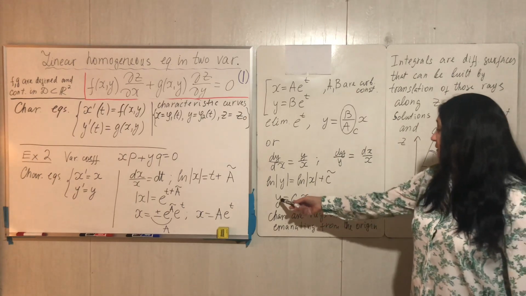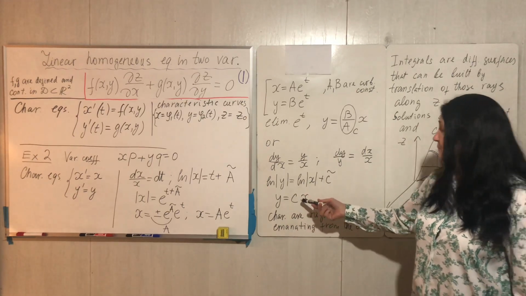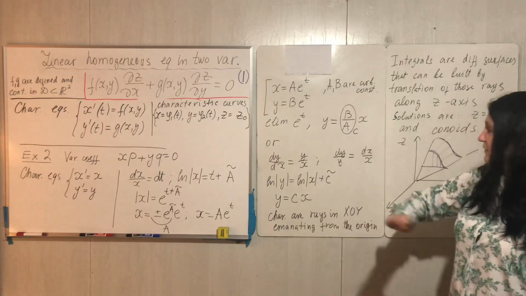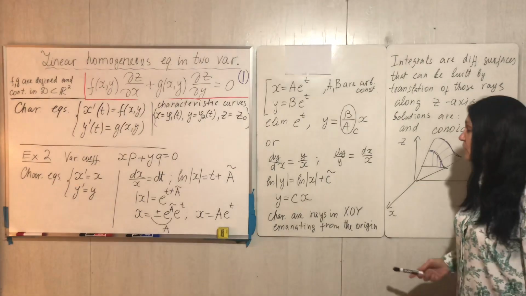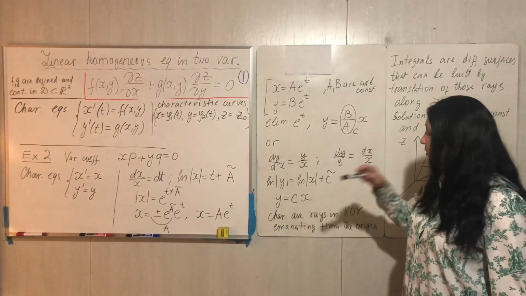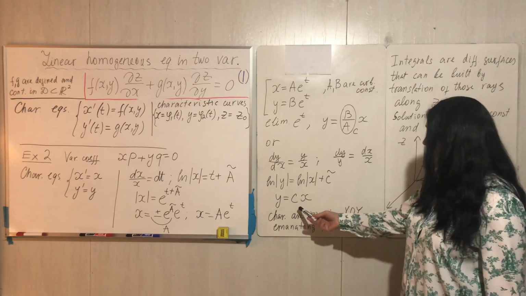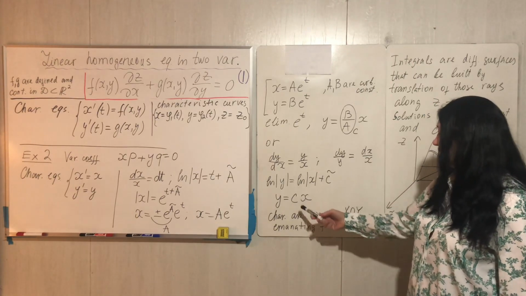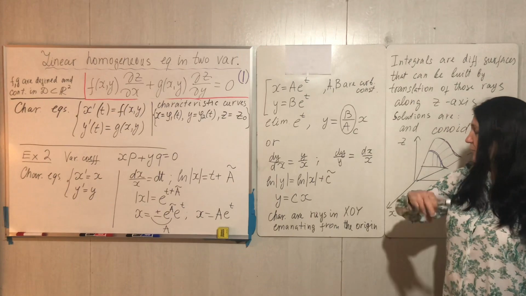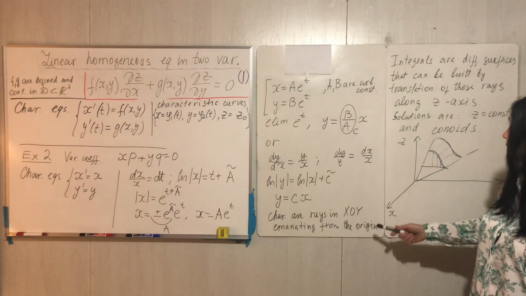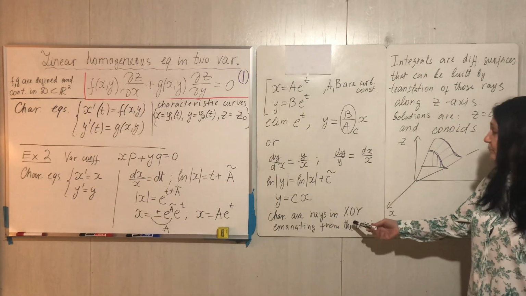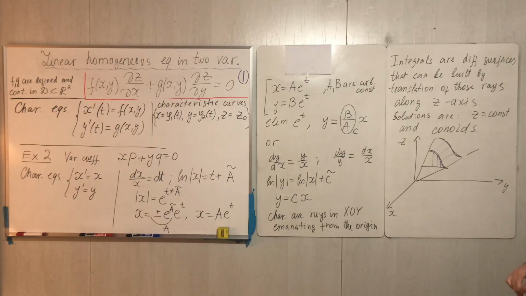So the characteristics are those lines, and they pass through the origin in the x, y plane. So we can think of characteristics as arbitrary rays emanating from the origin, and integral surfaces will be differentiable surfaces that can be built by translation of those rays along the z axis.